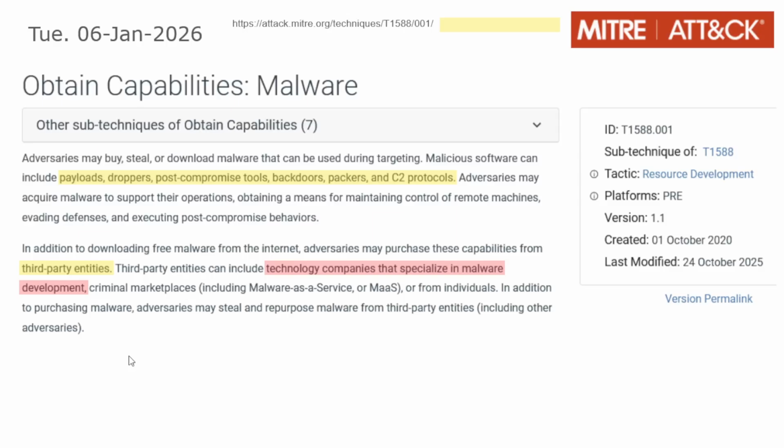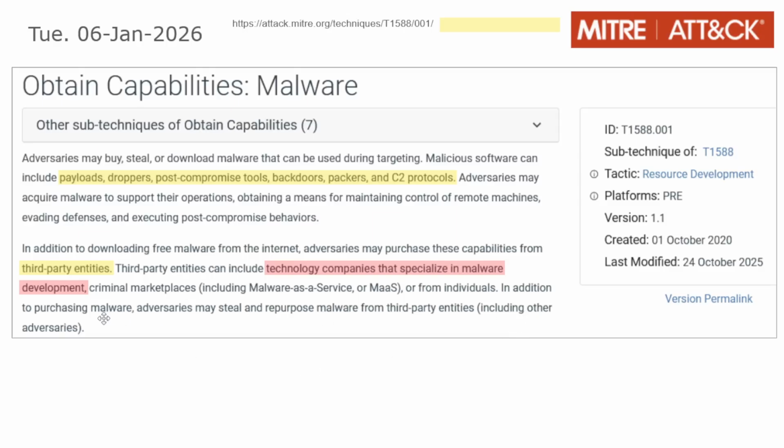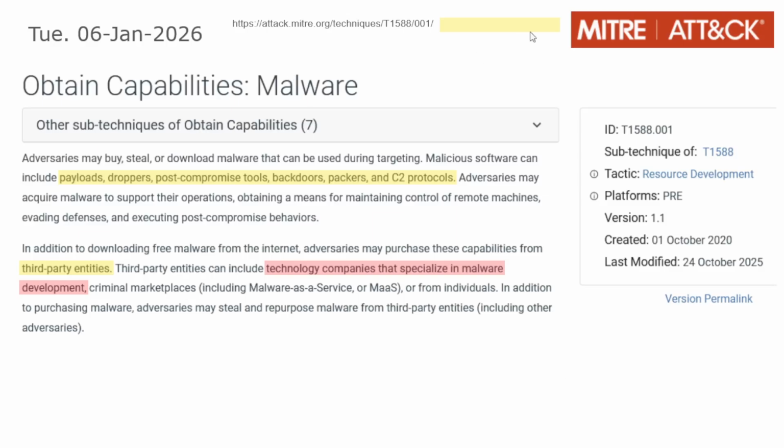In addition to purchasing malware, adversaries may steal and repurpose malware from third-party entities, including other adversaries. So we had that topic already, including other adversaries. Unlikely. Okay, so these guys don't beef with each other.